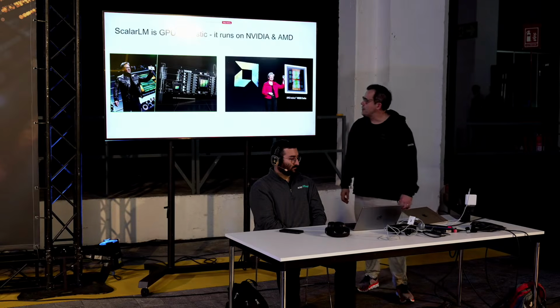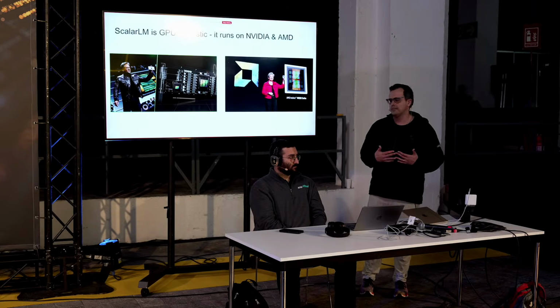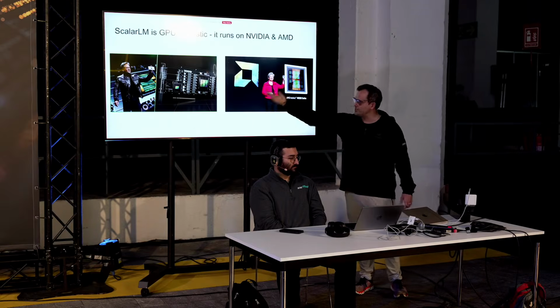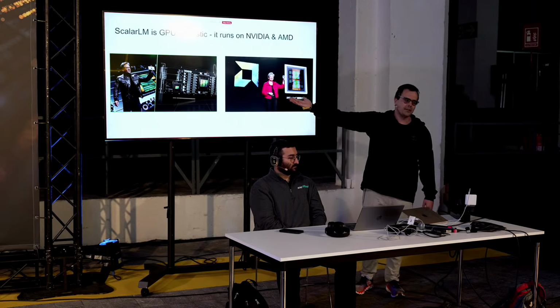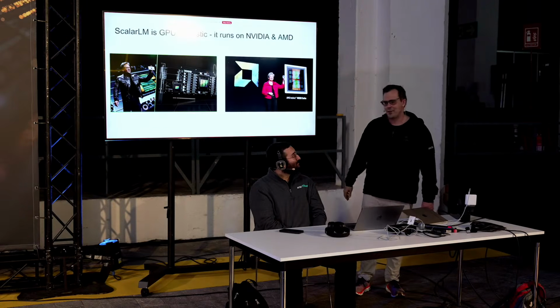So one of the most important things about being open source is that it lets us be hardware agnostic. ScalarLM runs on NVIDIA GPUs because there are so many NVIDIA GPUs. Really, after Tensor Cores came out, they took over the world. They're everywhere.